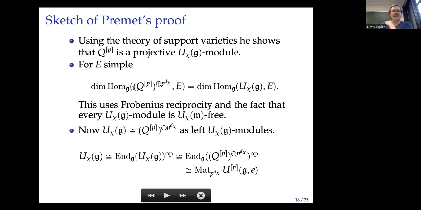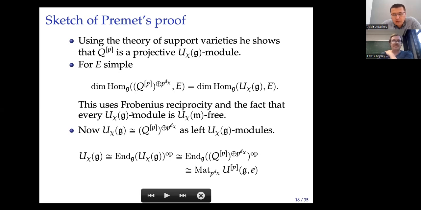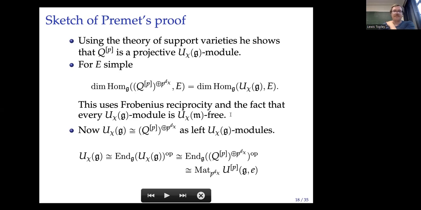Now, if we take any simple module, then you can show that taking this many copies of your restricted Gelfand-Graev module, the HOMs into the simple module are going to have the same dimension as the HOMs from the left regular module into your simple module. This uses Frobenius reciprocity and this fact here, which again follows from the theory of support varieties.